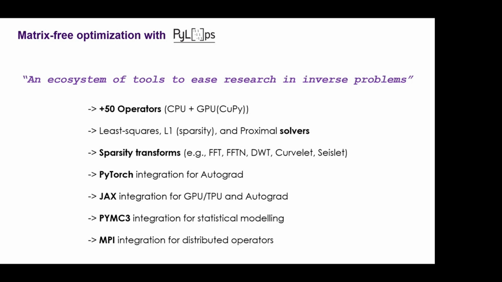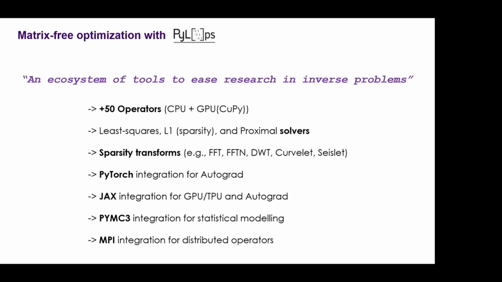If you are in geophysics, you'll probably know that geophysicists love sparsity. So they love to represent their signals in some transform domain where just a few basis functions can explain the signal, and we provide a fairly extensive set of sparsity transforms. Back in 2017, 2018, when I started this project for fun, deep learning was still kind of a niche area, but nowadays probably everyone here has been doing a pet project or working daily with deep learning.